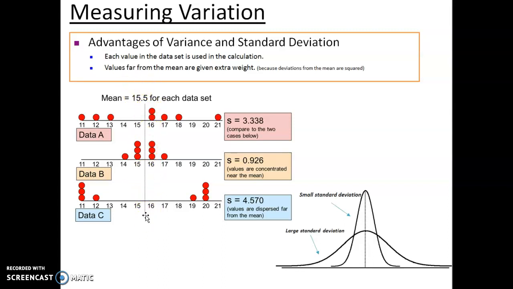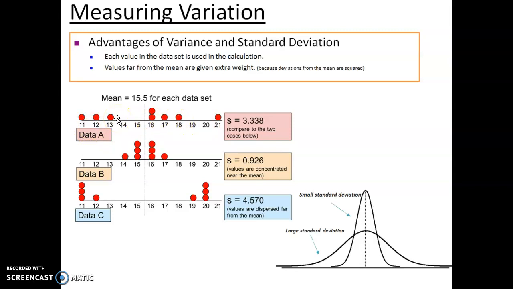But they're not the same in terms of their dispersion, variation from the mean. You'll notice, for example, that this data set here, data set B, is not that dispersed from the mean. Most of the data points are very close to the mean, whereas data set C is the opposite. The data points are far from the mean, okay? And data set A is kind of in between.